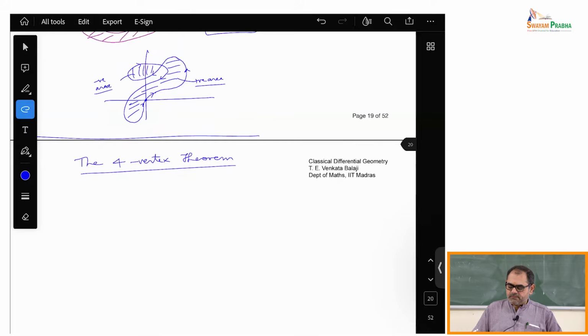This theorem has a nearly 100-year history. The starting point was the result by an Indian mathematician by the name of Syamadas Mukhopadhyay. He proved it for convex curves, and then the proof was given for general curves.